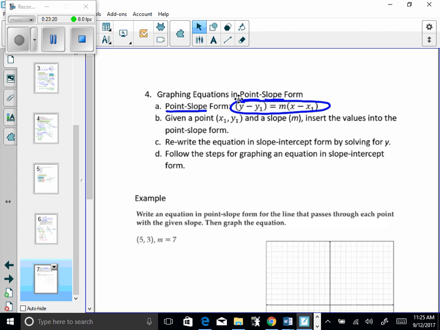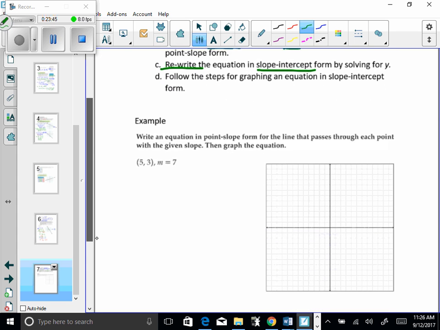So we'll be given a point x1, y1, and we'll have a slope m, and it says insert the values into the point slope form and rewrite the equation in slope-intercept form. So we're not actually graphing with point slope form. We need to rewrite it in slope-intercept form, and then we're going to go back and follow those same instructions that we had for slope-intercept form.